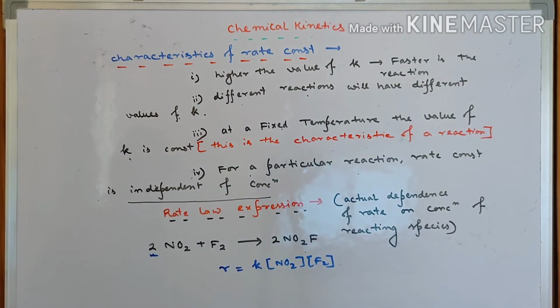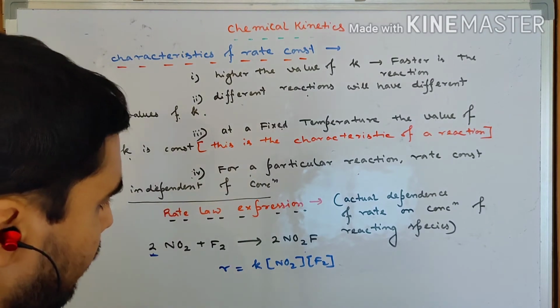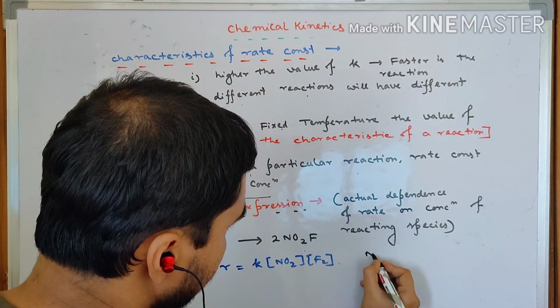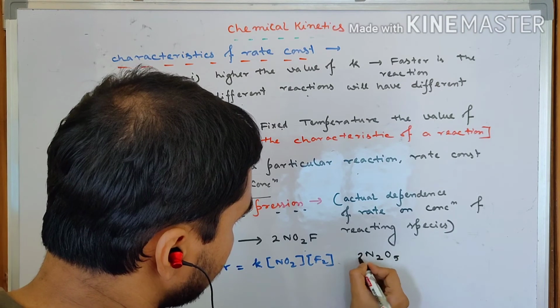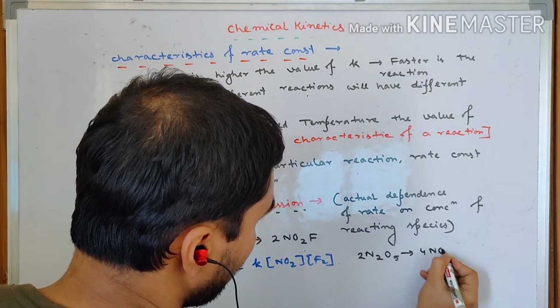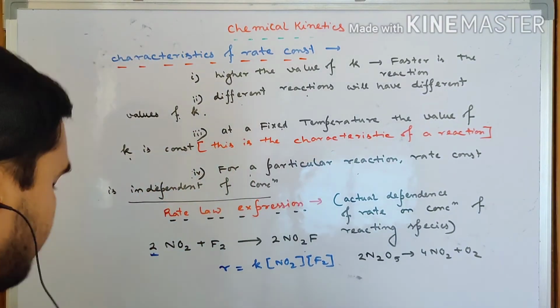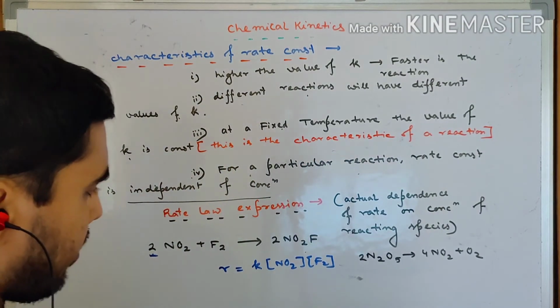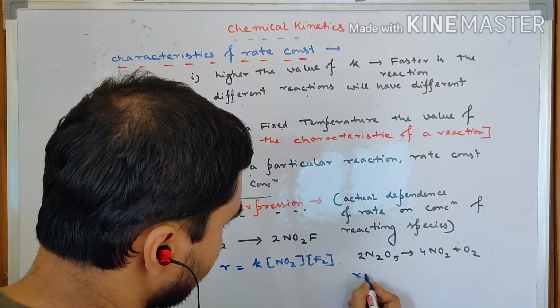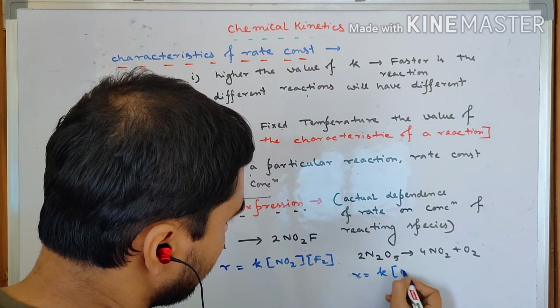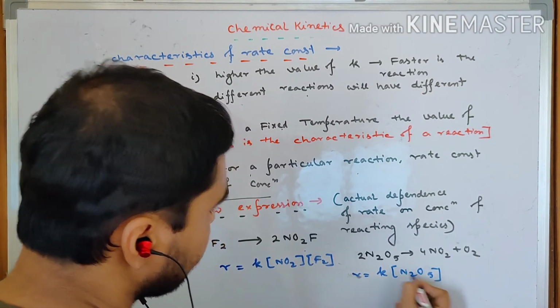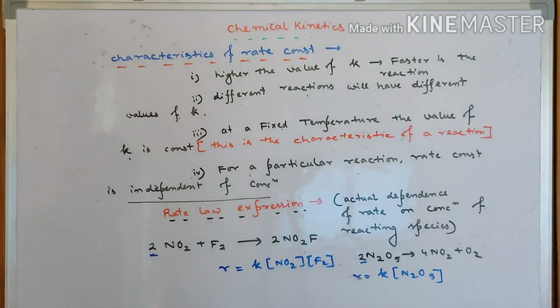Similarly, there are other cases also. Suppose the dissociation of N2O5: N2O5 dissociates into 4NO2 plus O2. Here also, if we look into the rate, it will be R is equal to K into N2O5 only. This 2 will remain having no kind of effect on this.